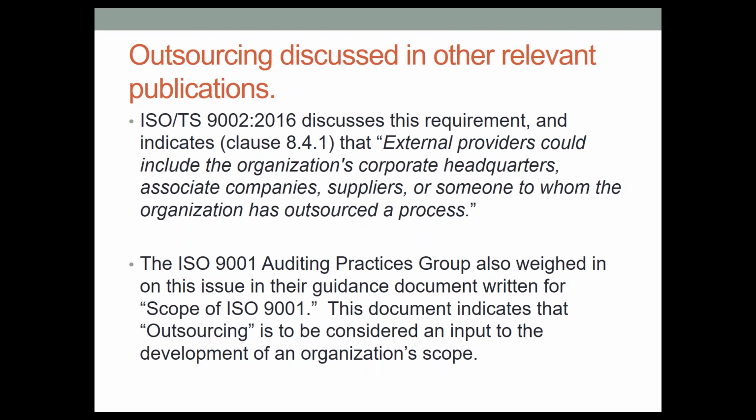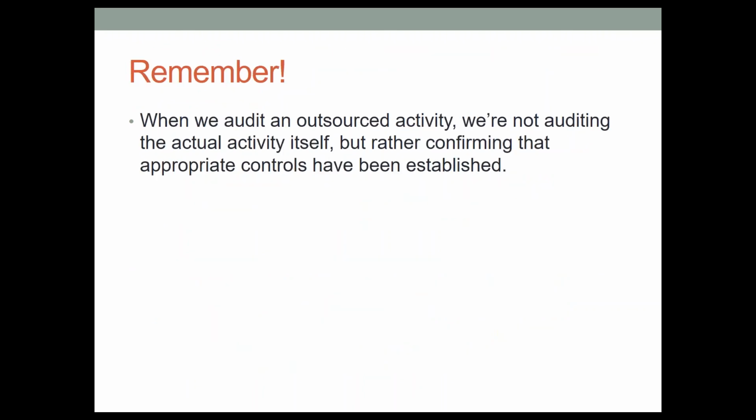The Auditing Practices Group had a weigh-in on this when they wrote their guidance document for scope of ISO 9001. That document indicated that outsourcing is to be considered an input to the development of an organization's scope. Now remember, when we audit an outsourced activity, we are not auditing the actual activity itself. We are confirming that appropriate controls have been established.